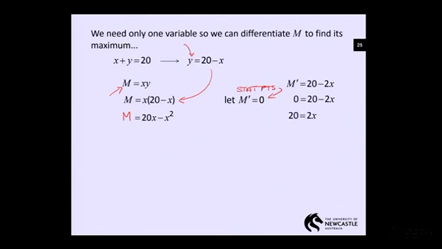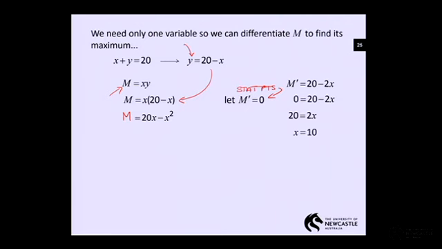Once you solve that equation, it says when X is equal to 10. You have not finished just because you think you have found the variable's value, because you haven't proven to us that taking X as 10 is going to give you a maximum. You have not proved with calculus that it's going to give you a maximum.